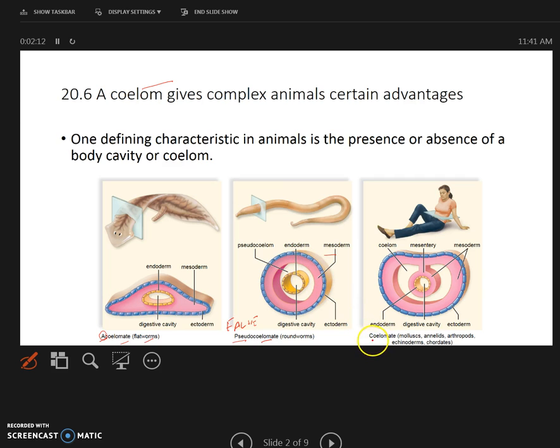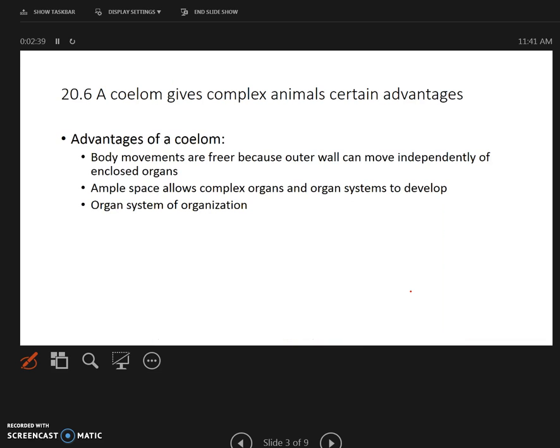And finally, we have the coelomate forms, which are the more advanced forms, the mollusks, the annelids, the arthropods, the echinoderms, and of course us, chordates. We have a true coelom, true body cavity, because this body cavity is completely lined by the mesoderm. Watch, the mesoderm lines both sides of the coelom completely. So we are the coelomate forms, or the more advanced forms.